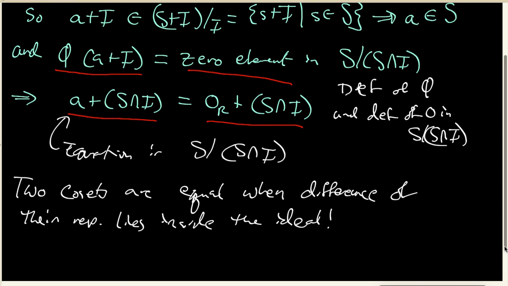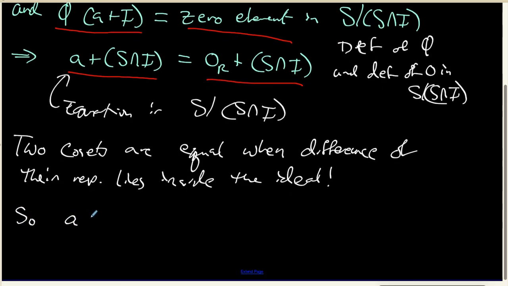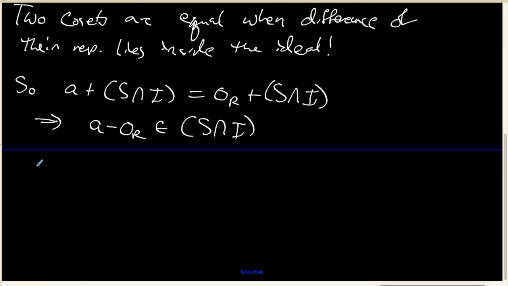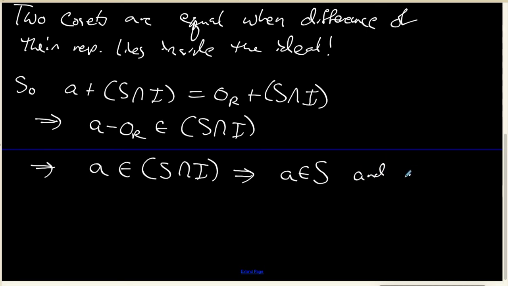And so what we now have is this. a plus S intersect I equals 0 plus S intersect I is going to imply that a minus 0 has to belong to S intersect I. And of course, a minus 0 is just a, so we now have a is inside S intersect I. Now that tells me that a is inside S and a is inside I. And this second thing is very important. And I want to look at the consequence of that.